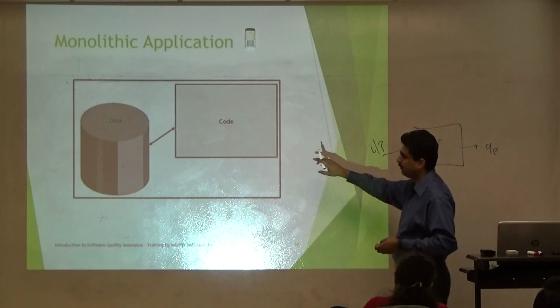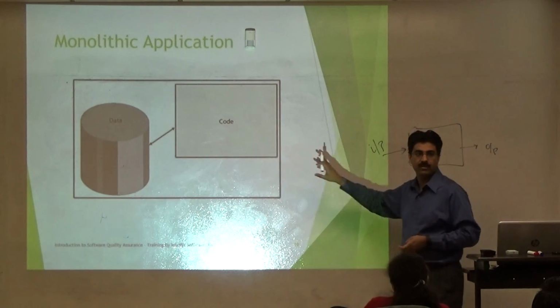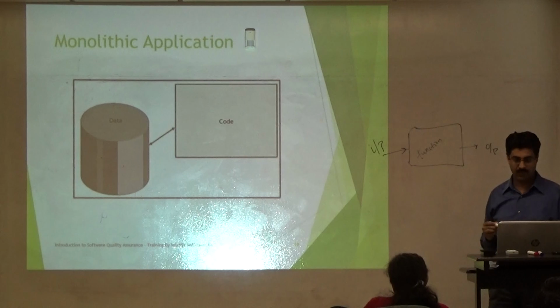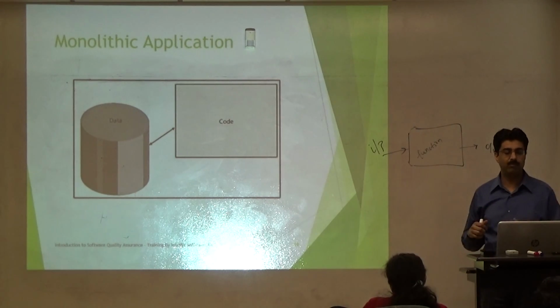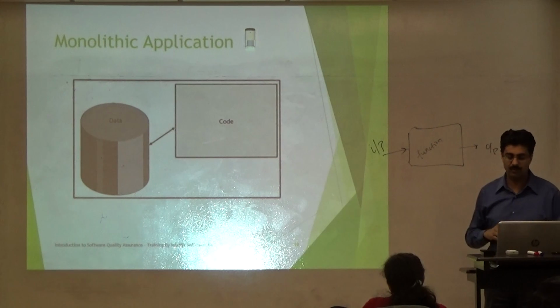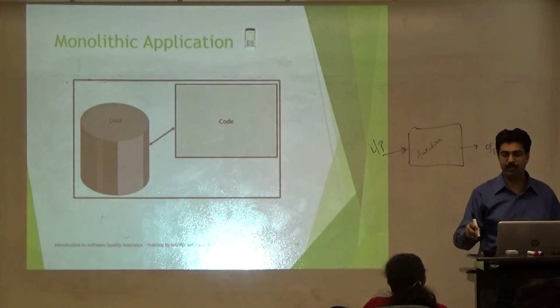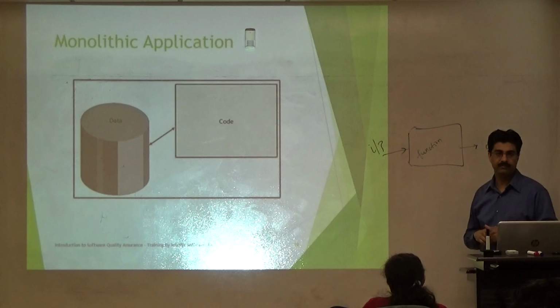Now in this scenario, all of my data is enclosed with the code itself. So what it tells me is my input and function are closely tied. You're going to see this typically in systems where all of the commands are integrated within the system itself, right?